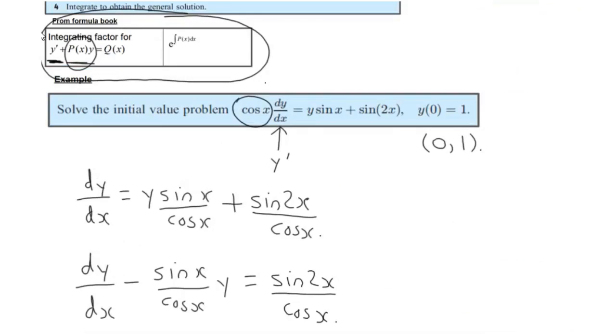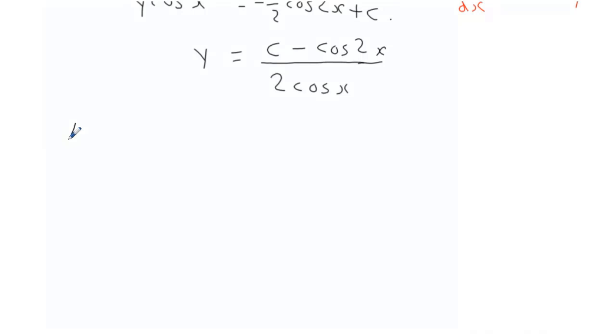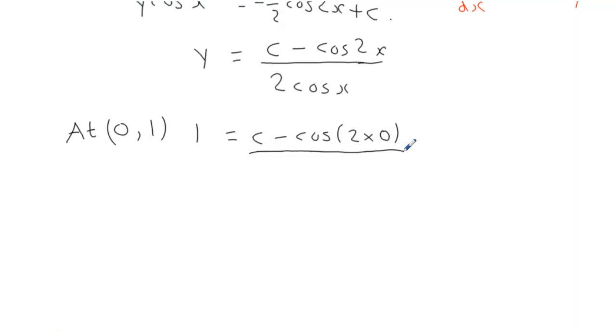We have been asked to solve an initial value problem. So we need to now substitute in when x equals 0, y equals 1. So 1 equals c minus cos 2 times 0, so just cos 0, which is 1, over 2 cos 0.